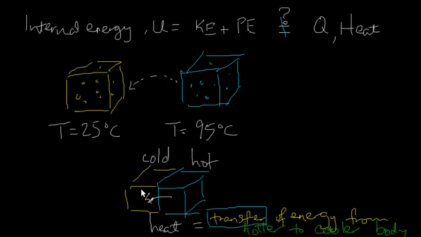So heat flows from hot to cold, we all know that. But when does it stop? It stops when they become equally hot or equally cold. And how do we know when they become equally hot? Well, we measure the temperature, and the temperature becomes equal.